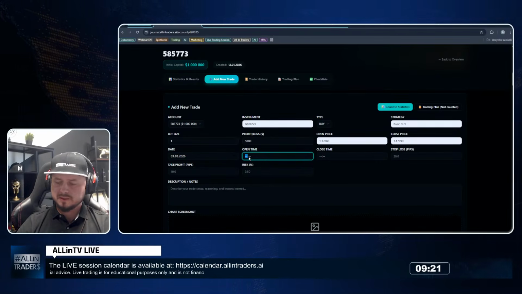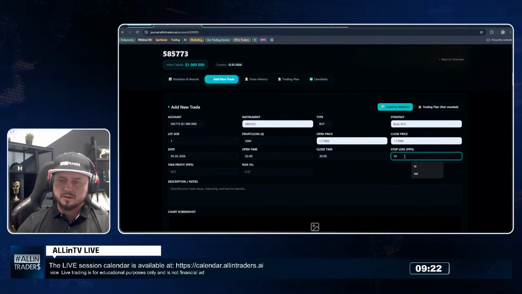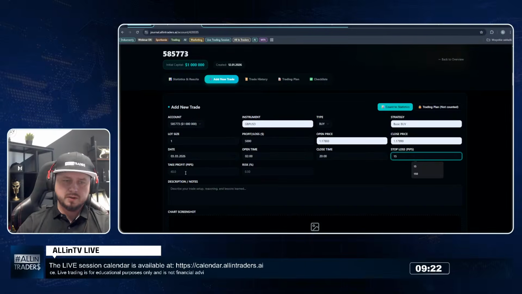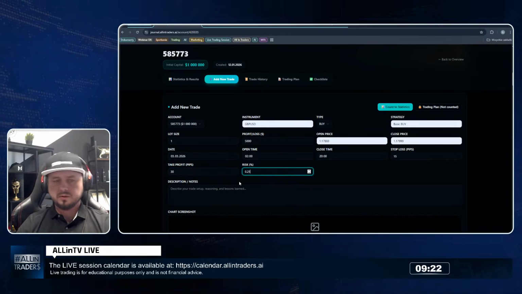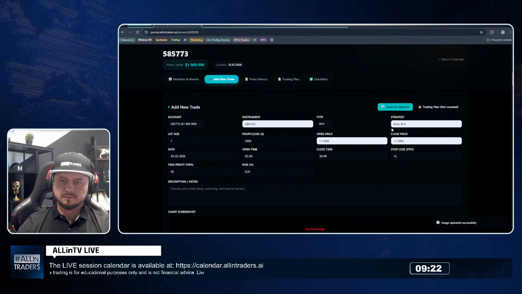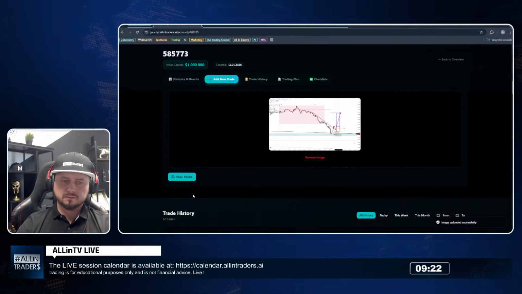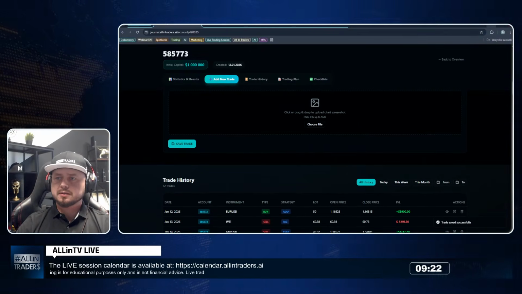Open time the same. I'm not sure. Close time. Stop loss probably somewhere around 10, maybe 15 pips. We're going to change that later. And the same risk 0.25. Okay, we got two trading plans so far.